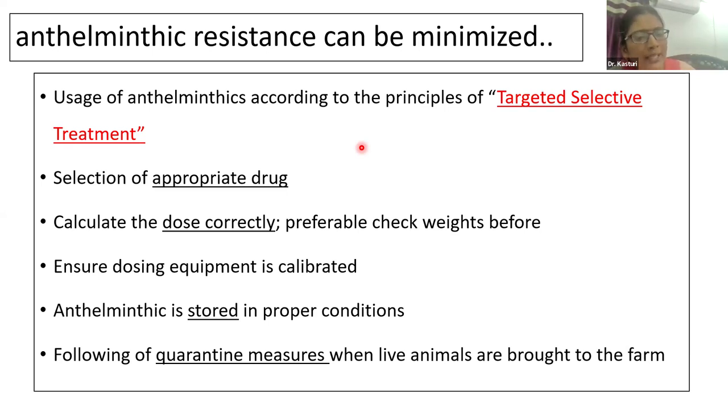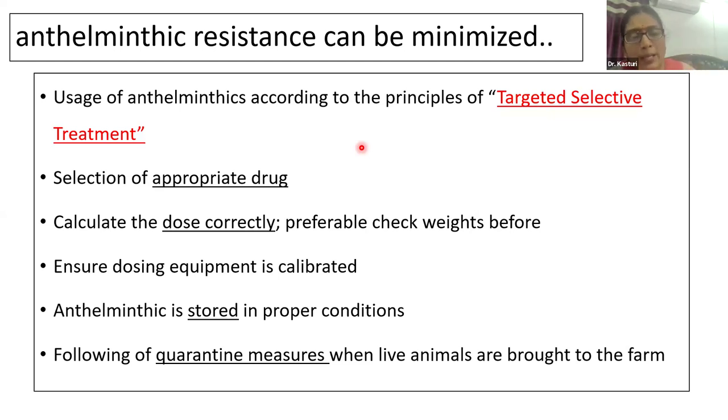Another important thing is proper storage conditions of the drugs, because drugs which are not stored in proper conditions may lose their efficacy. And also following quarantine measures. Whenever we are introducing any new animal into the farm, that animal should be examined for the presence of any worm infection by following procedures such as fecal egg count.